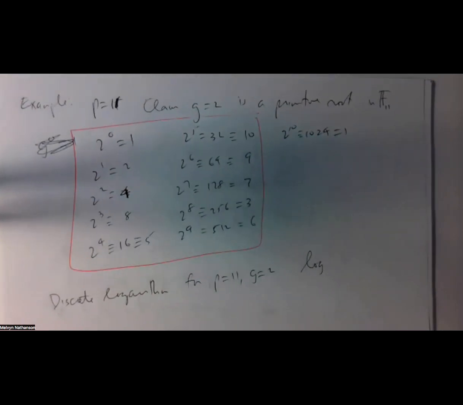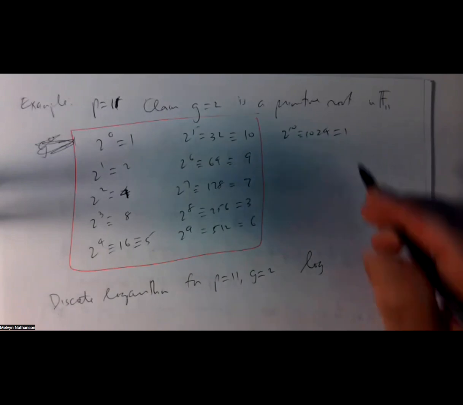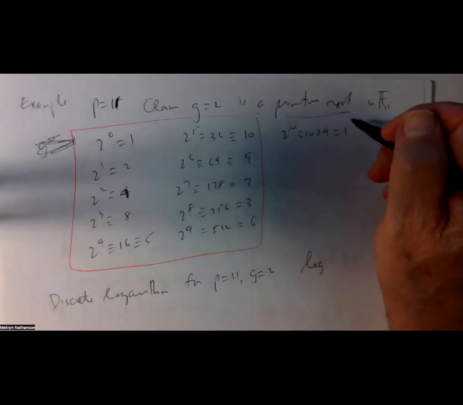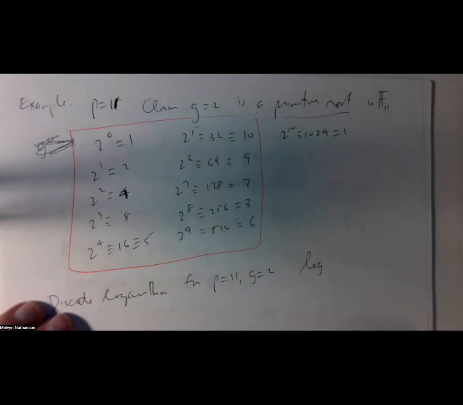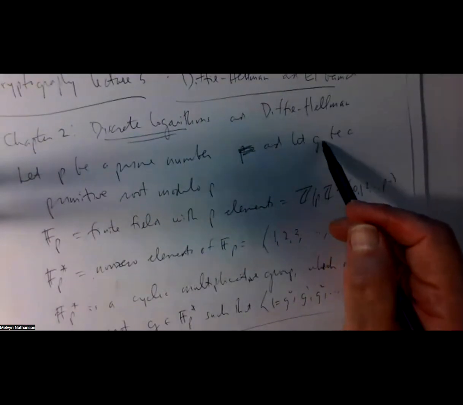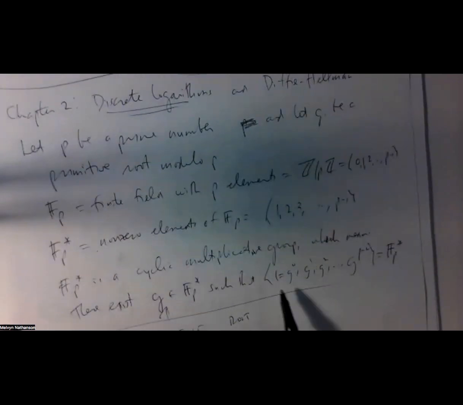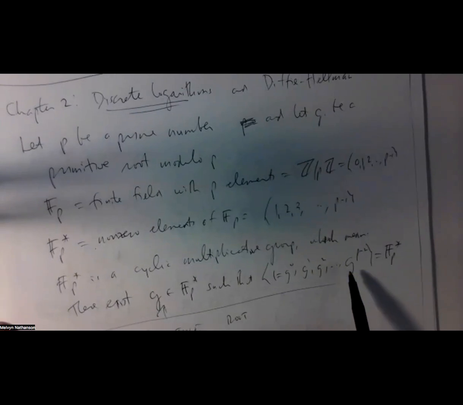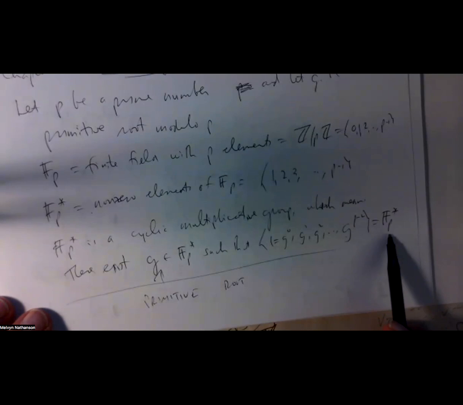Professor. Yes. You say 2 is a primitive root? Yes. Can you please explain the last statement? What this means? So primitive root means the powers of G give you all possible numbers in FP star.